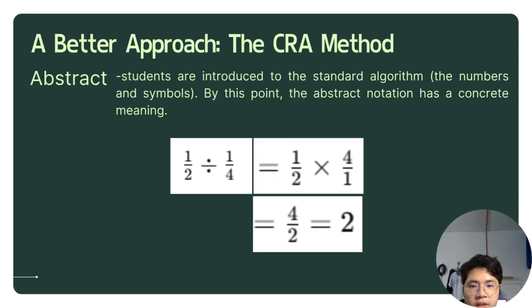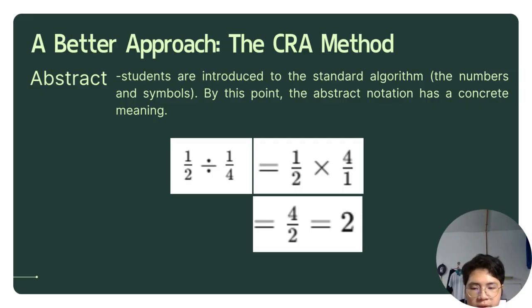Now for the abstract, students are introduced to the standard algorithm, the numbers and symbols. By this point, the abstract notation has a concrete meaning. The teacher can say, finally, let us look at the numbers. We start with 1/2 divided by 1/4. Here's the shortcut: when we divide fractions, we multiply by the reciprocal.